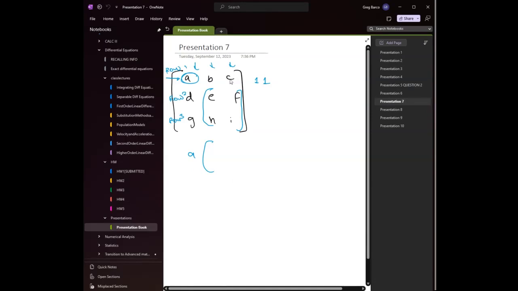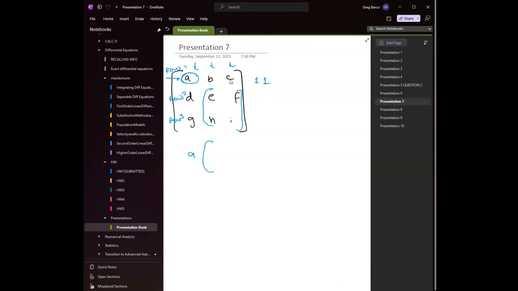Anyway, so we have the determinant of a 3x3 matrix here. When you have this 3x3 section of your matrix, you take the entry at 1, 1, which is A, and then B would be row 1, column 2, and then this one would be 1, 3, which would be C. A, B, C. And then in the next row, you'd have row 2, column 1, and then row 2, column 2, 2, 3, and then 3, 1, 3, 2, and 3, 3.